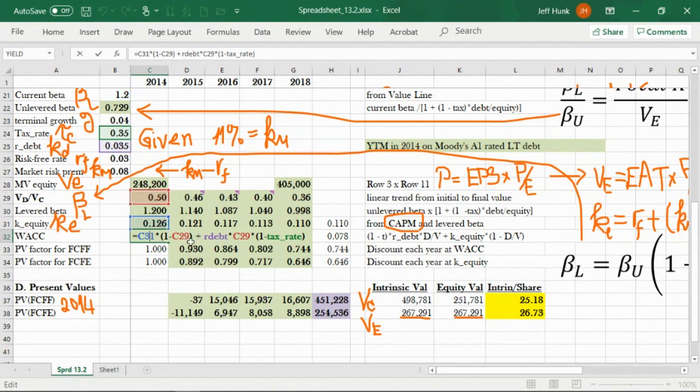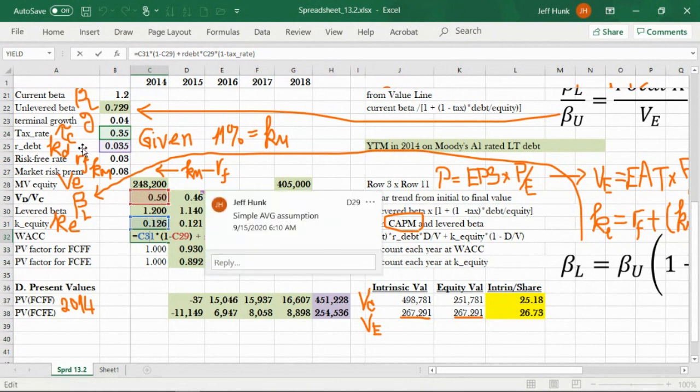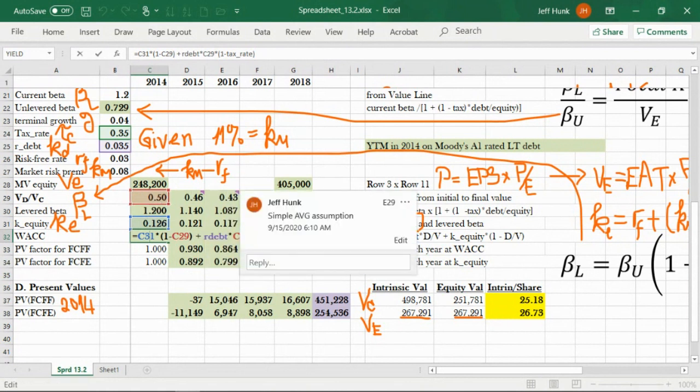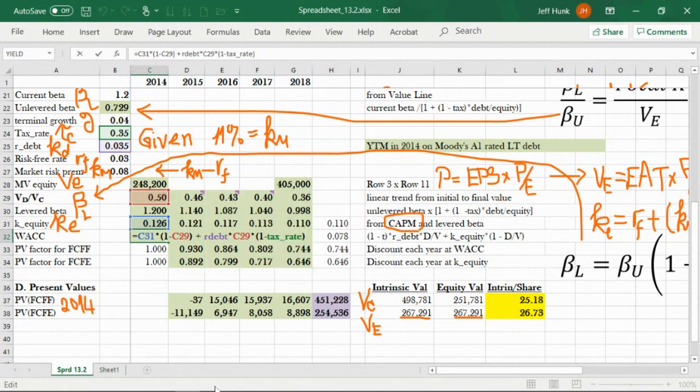So 1 minus C29 will be proportion of equity, right? It happens to be just 50%, but it linearly declines over time. So equity proportion increases linearly. And then, this is cost of debt. And C29 is the weight of debt.